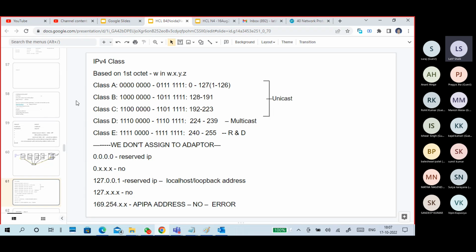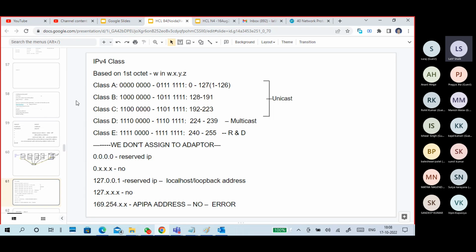It is an unknown device, or it can be used as a default route and other things. So the 0 series also we are not using, and the 127 series also we are not using. We cannot assign these ranges to any regular desktops. They are used by services or by the system itself. That's why 1 to 126 is written, but both are correct.